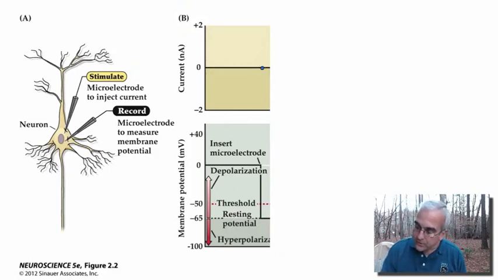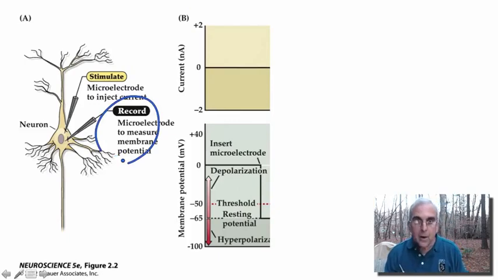What I want us to focus on is the recording microelectrode. Now we begin to approach the neuron with that microelectrode and we're recording 0 potential. That means that there is no electrical potential between the tip of the microelectrode and a reference wire because they're both essentially in the same medium, that is, the solution that's bathing this neuron.